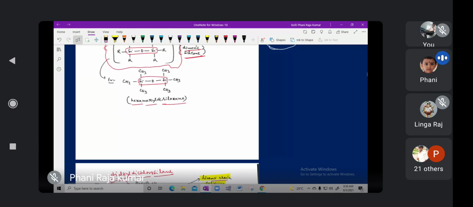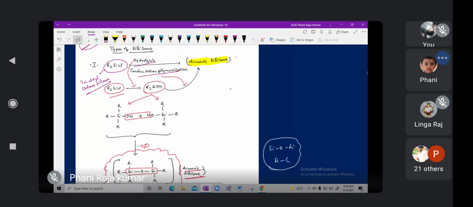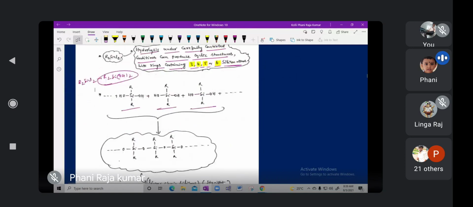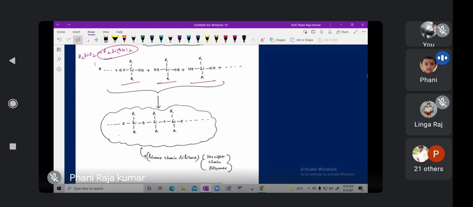In the previous case, we had only one OH group. R3SiCl gives R3SiOH, then elimination of water. Now R2SiCl2 gives R2Si(OH)2, then elimination of water. Condensation polymerization gives a chain silicone, a linear chain silicone.